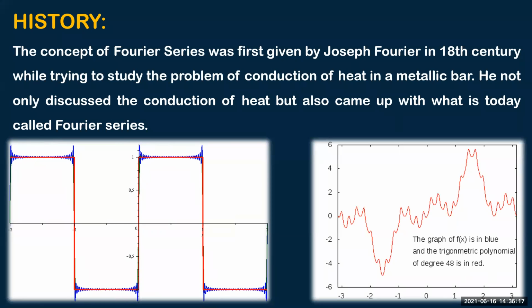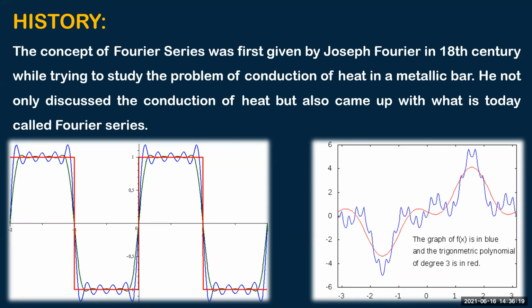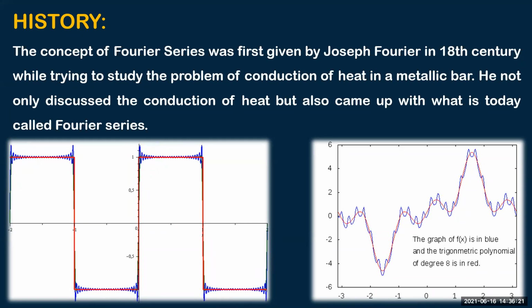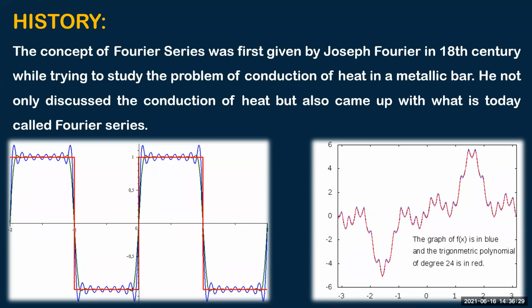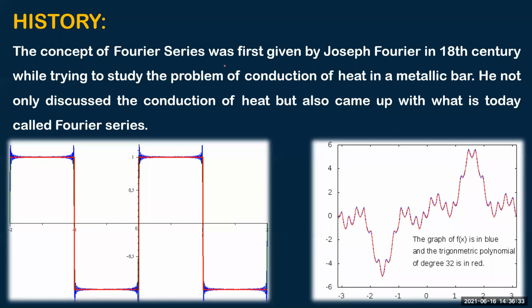We can take linear combinations of infinitely many such functions. For example, I multiply sin x with some number and add it to a multiplication of something else with sin 2x. Something like this: a naught, then a1 into cos x.